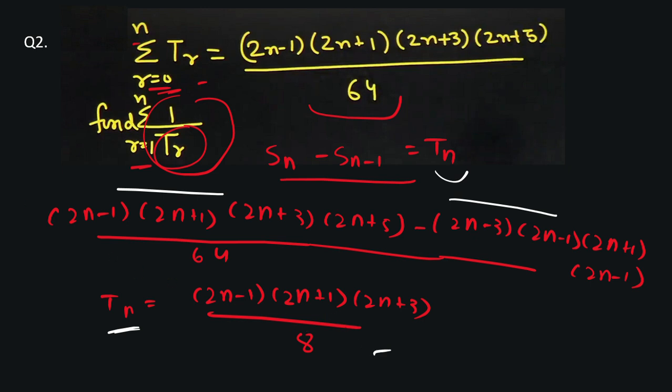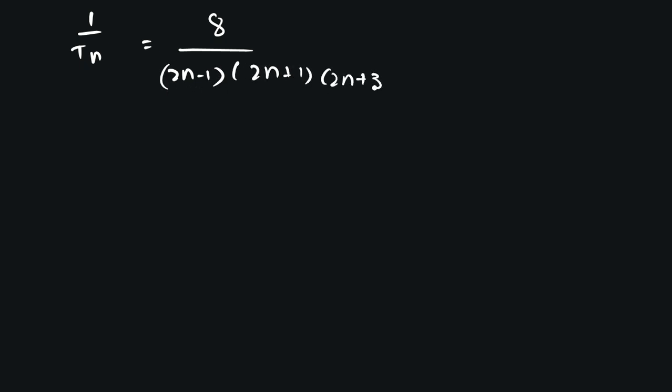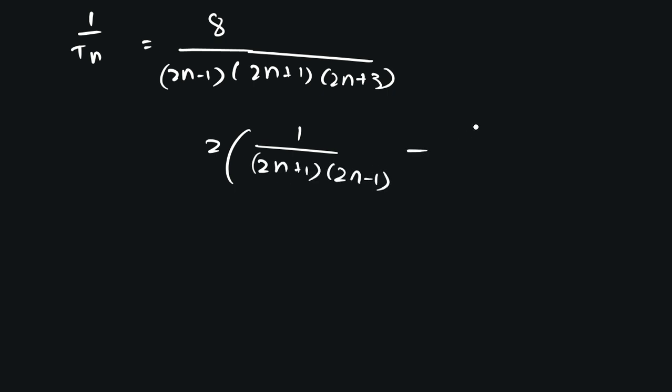Next, now we need to find 1 by tn, which is equal to 8 by 2n minus 1 into 2n plus 1, 2n plus 3. Take 2 common, 1 by 2n minus 1 into 2n plus 1 minus 1 by 2n plus 1 into 2n plus 3.